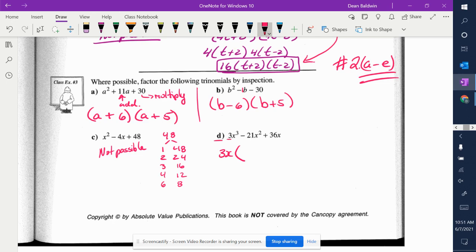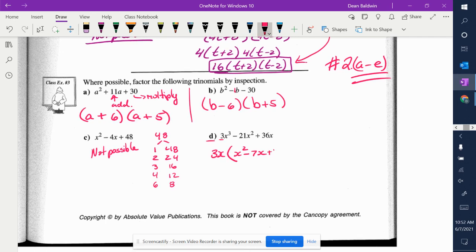What's left inside? The first term you divide by 3x, so you get x squared. What's 21 divided by 3? 7, so it's minus 7x, and I took one of those x's out, so there's just one x there. 36 divided by 3 is 12, and the x is gone.